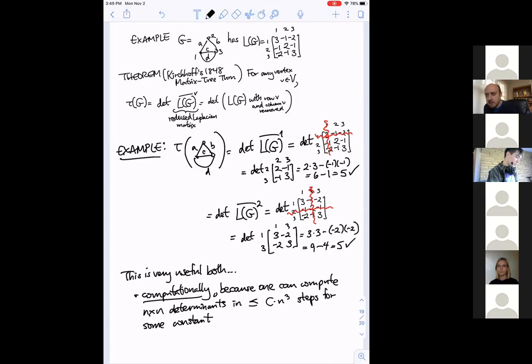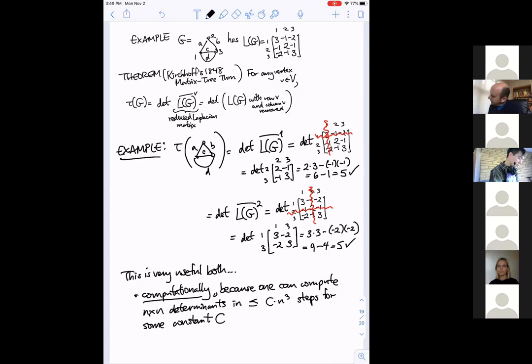People have provided lower bounds on the complexity of computing determinants, and you can't get it down to a constant times n squared, but you can definitely get it to better than n cubed. I can't remember whether currently it's maybe like 2.4 or 2.3 is the best power that you can achieve there.